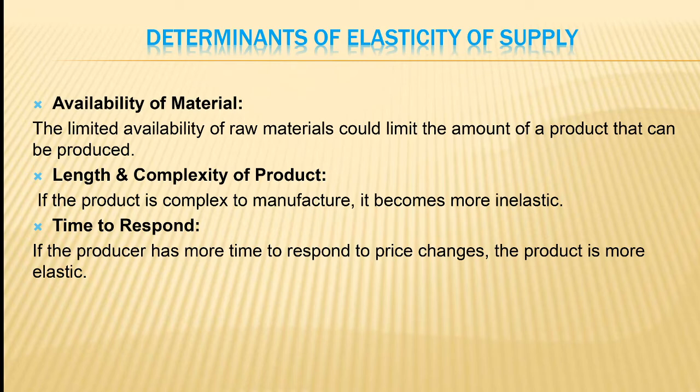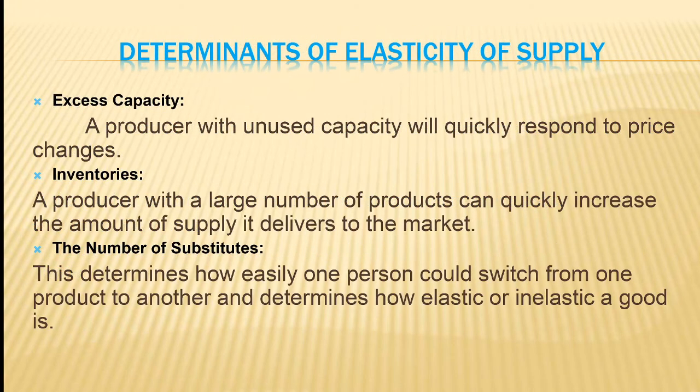And if the producer takes time to respond to price changes, the supply is more elastic again. The producer taking more time to adjust to price changes is also a main factor.